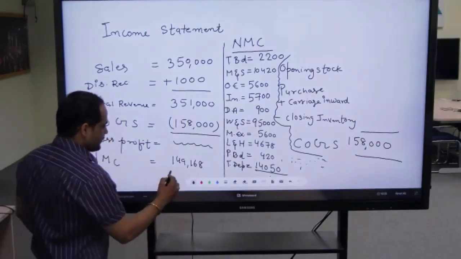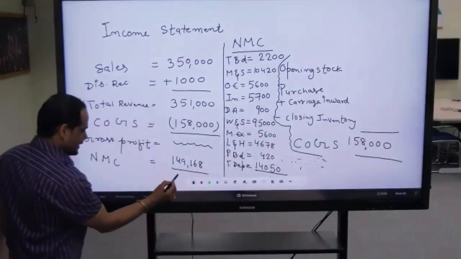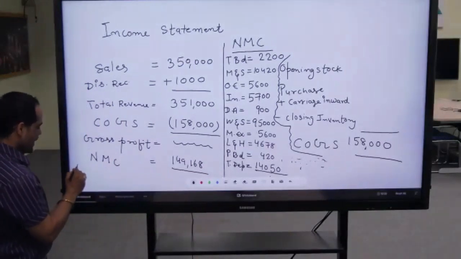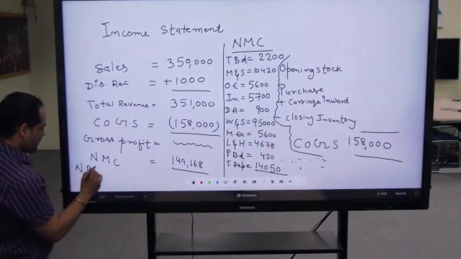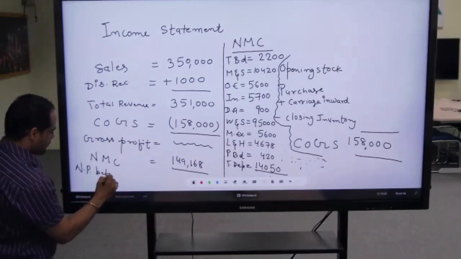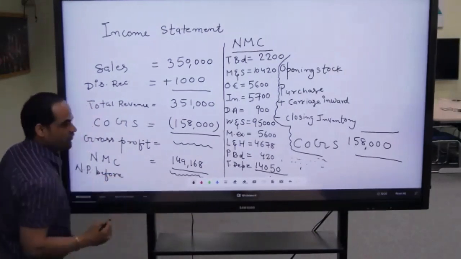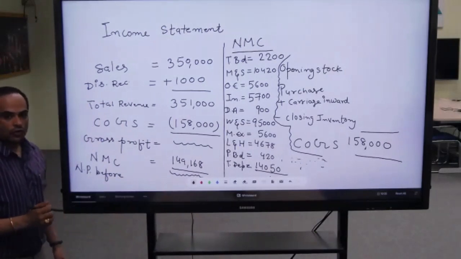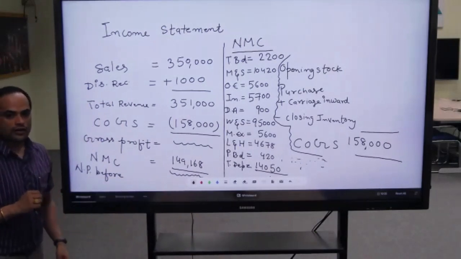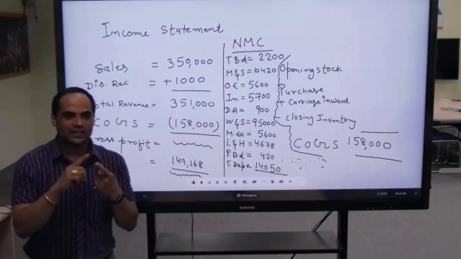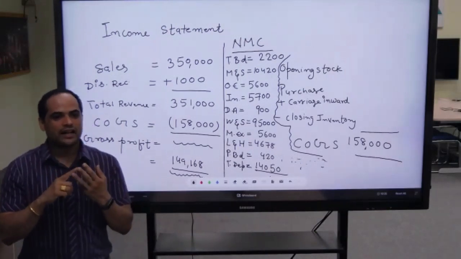And then that is your net profit before, right? This number, net profit before. From this net profit before, then you have to subtract interest, tax, and dividend.